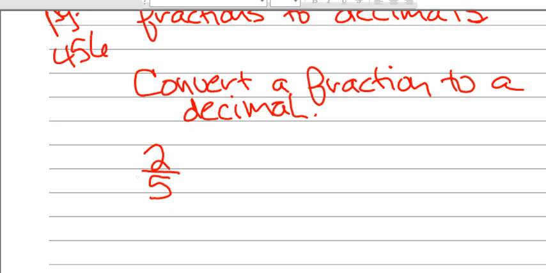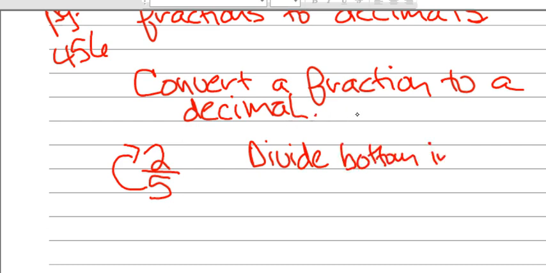Now, the way they show you in the book, and a way that will always work, is divide your bottom or your denominator into your top or your numerator. The decimal you get after your division, that's your decimal.